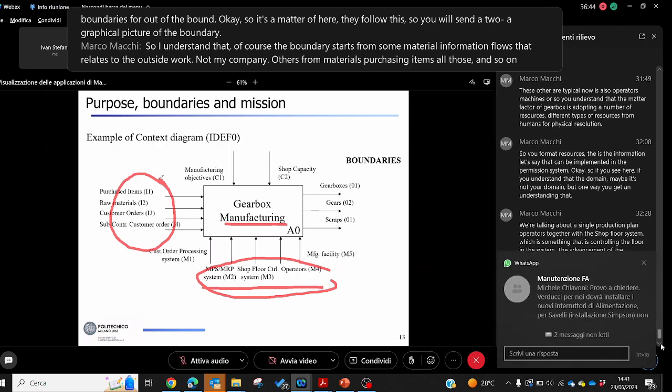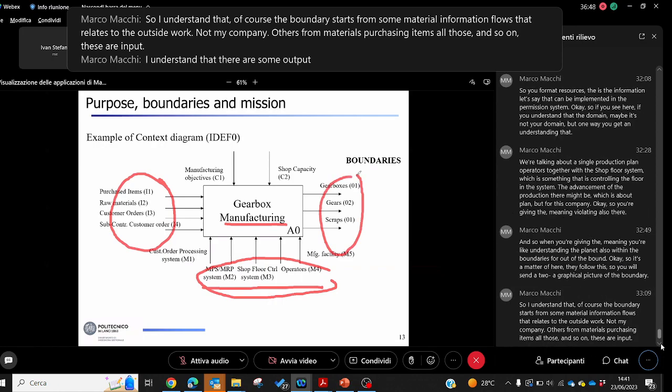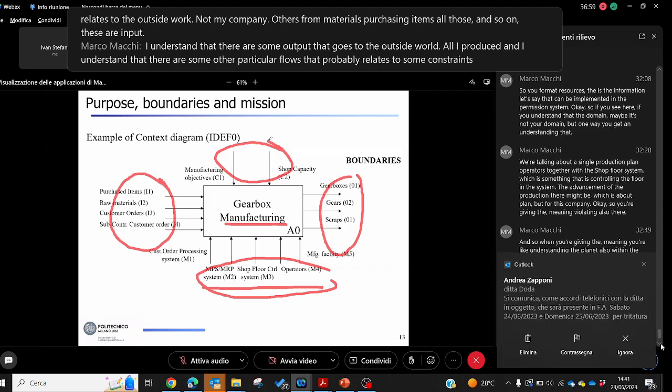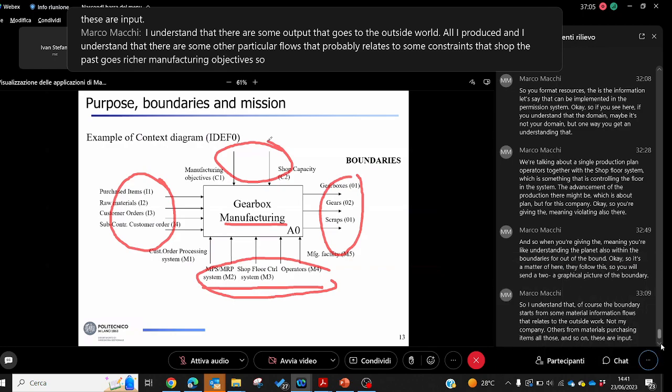These are input. There is also some output that goes to the outside world, what I produce. And there are some other flows that probably relate to constraints, shop capacity, and goals to reach manufacturing objectives. So this is a kind of driver for the manufacturing of the vehicles.